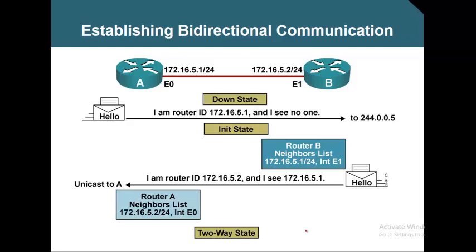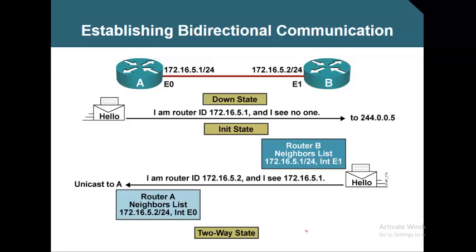A is configured already, B you're finishing it. So there is no OSPF yet because B is not fully configured. It will be in a down state. The relationship between A and B is going to be in down state.